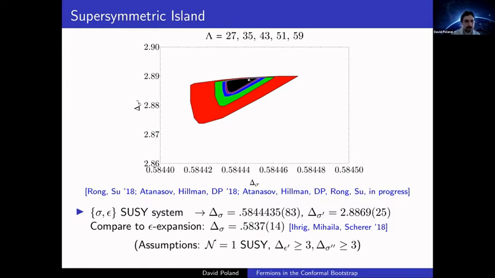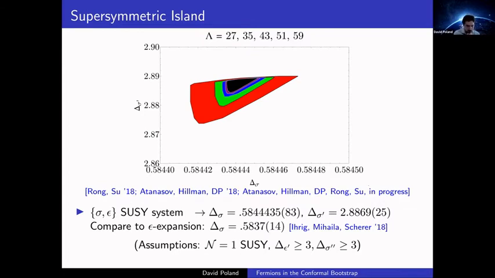Here, these islands are showing the allowed region in delta sigma and delta sigma prime. By the way, this theory has a parity symmetry under which sigma is parity odd and epsilon is parity even. So sigma prime is the second parity odd scalar operator, and you can see that we can determine it to be slightly relevant. Its dimension is 2.88 or so.